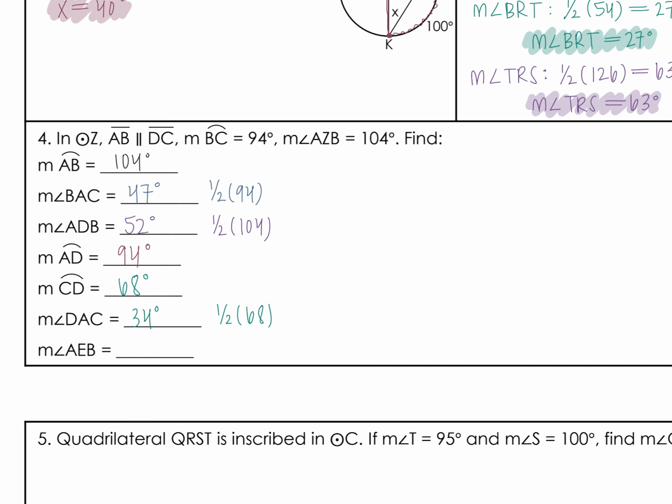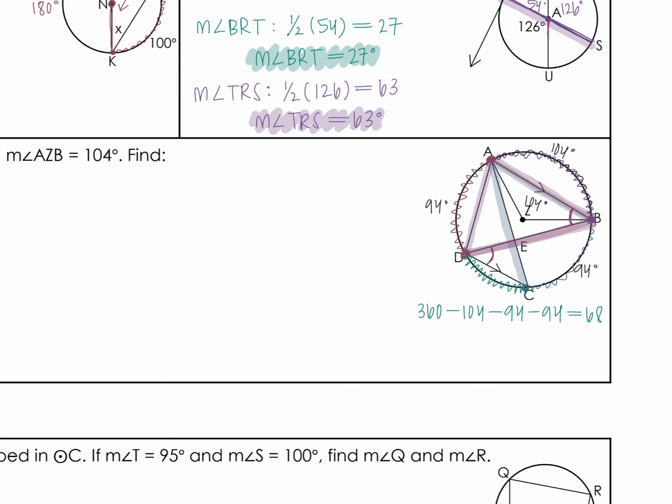All right, and lastly, we have the measure of angle AEB. So starting at A, we have E, and then B. What I like to do with this one is, because it's not a central angle and it's not an inscribed angle, I'm going to focus on the fact that I have this lovely triangle being formed here. This angle here we know is going to be half of that 94.